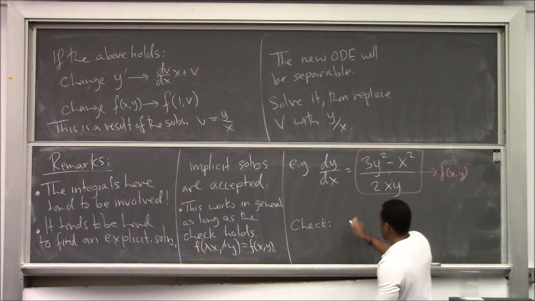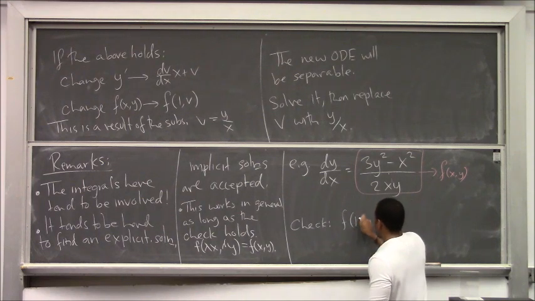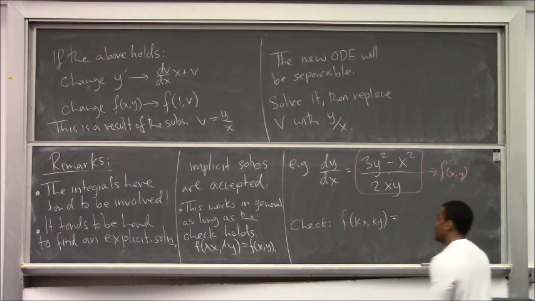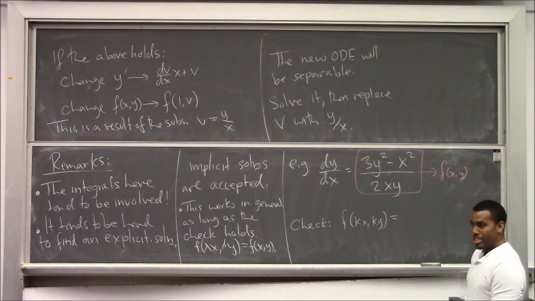So what I'm going to do is find what f of lambda x, lambda y is. Sometimes it's hard to write like kx, ky. I used to do that, but the kids used to giggle at ky. So look at that, right?